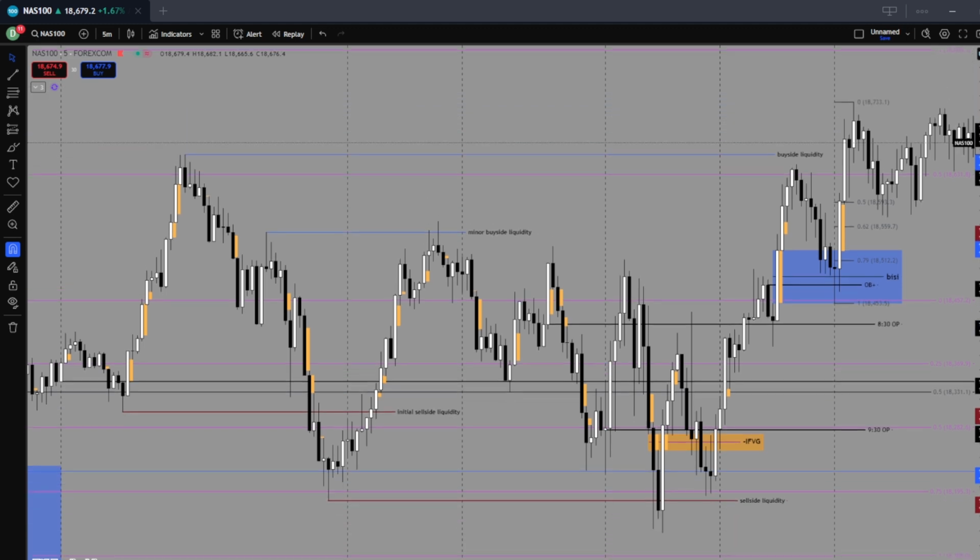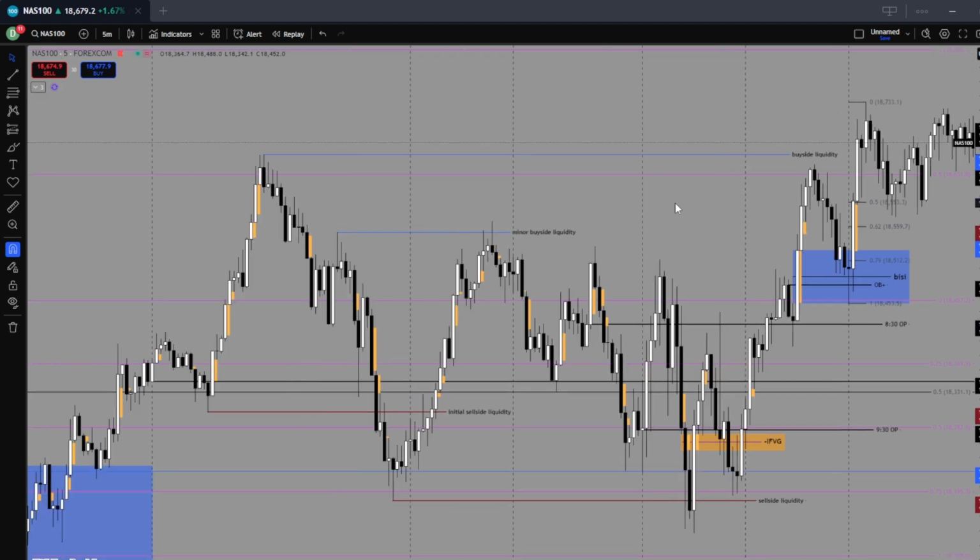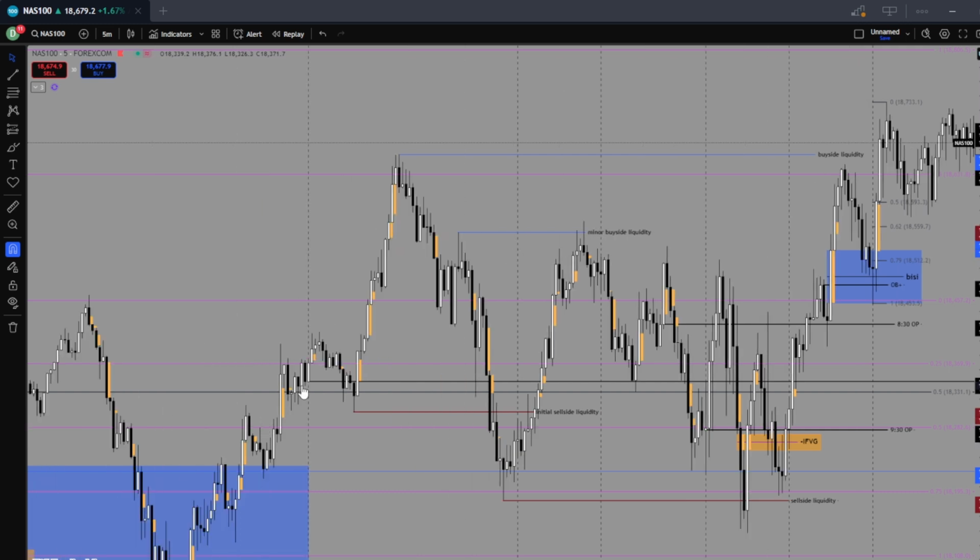And now let's try to understand why it is doing all this, and what is the logic behind going down and up. This is the open price. Above the opening price it's premium, above the opening it's higher.